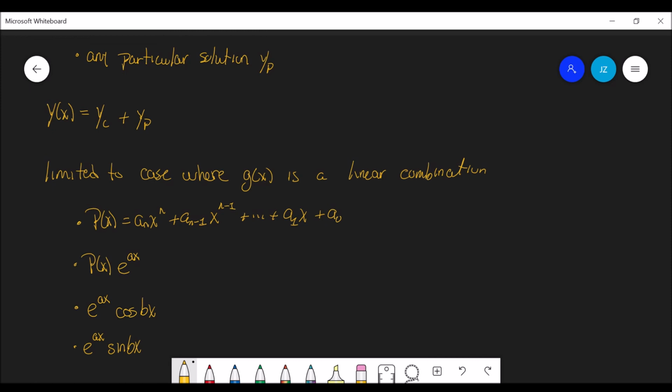Now, this set of functions have the unique property that the derivative of some products of these functions are also sums and products of these functions.